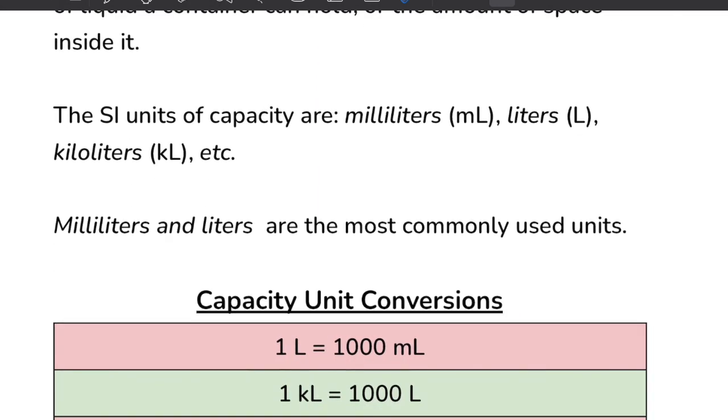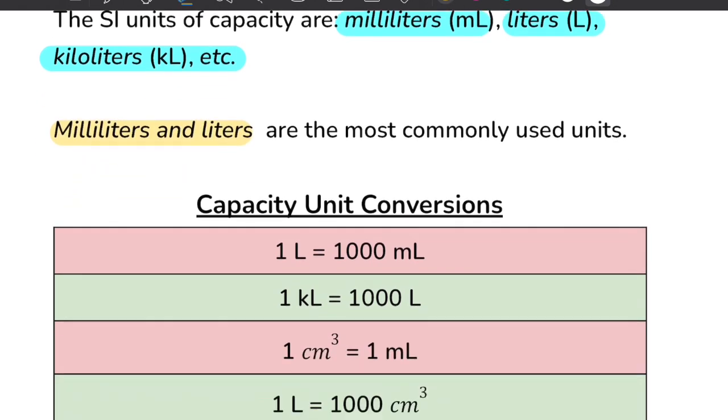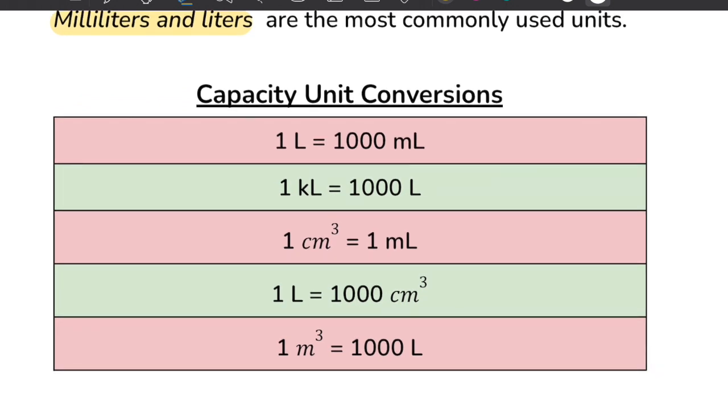The SI units or metric units of capacity are milliliters, liters, and kiloliters, etc. However, milliliters and liters are the most commonly used units. So over here, I have the capacity unit conversions. These are the metric ones. You will find these in your formula sheet. However, it's good practice to write them down in your notes just so you can get used to them.